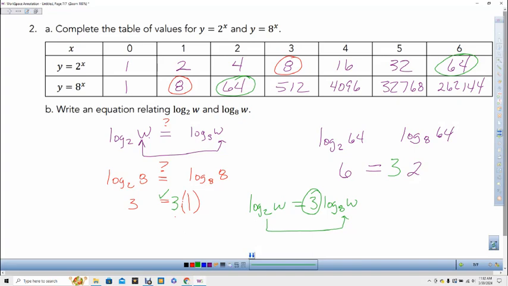Now, in the same way, what you could do is you could work this backwards. This is an equation. So now, let's say you needed a log base 8 and find out how it relates to log base 2. Just divide both sides by 3.